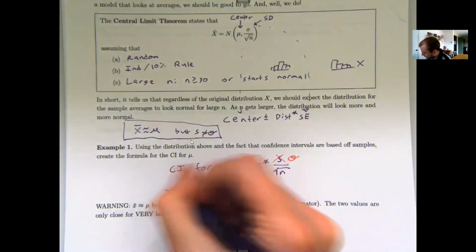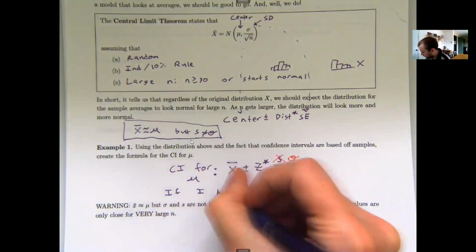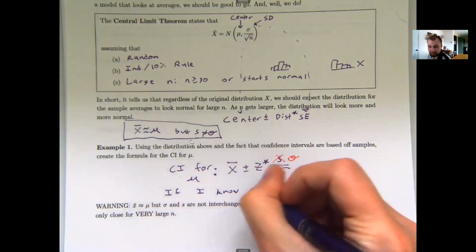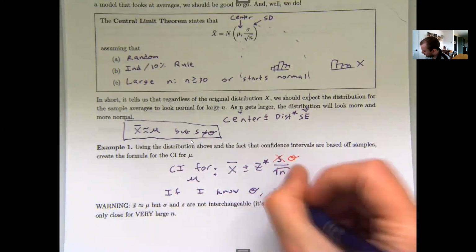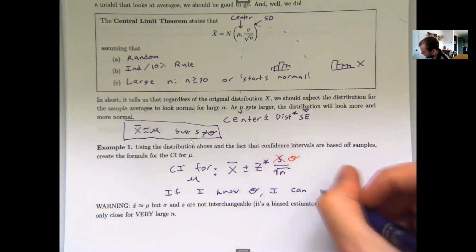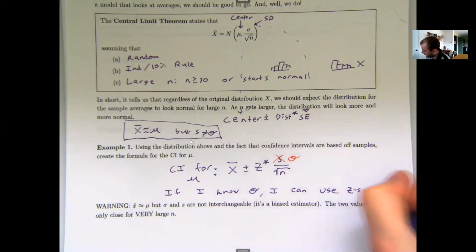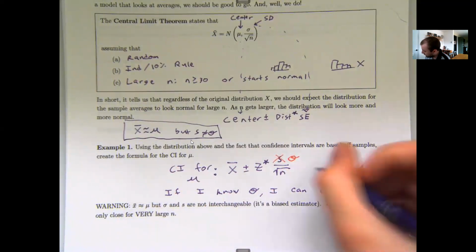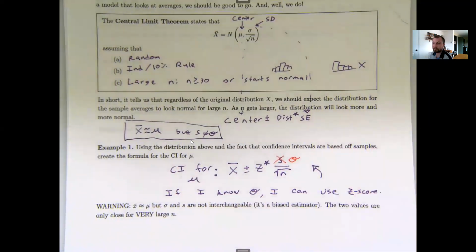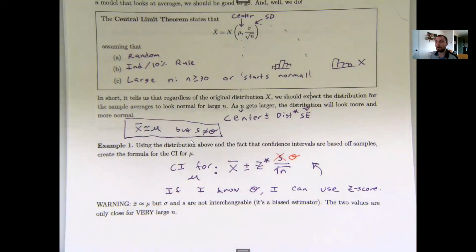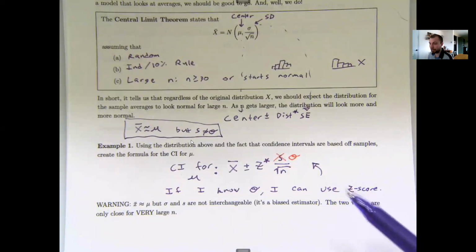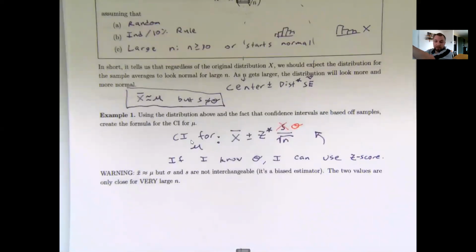If I know the population standard deviation sigma, I can use this z-score setup that I have here to calculate a confidence interval for an average. But if I knew the population standard deviation, then I probably know the population average too. It's very, very rare that I know both. So the issue becomes, well, what if I just know S and I don't know sigma?